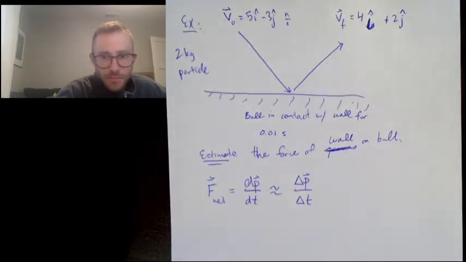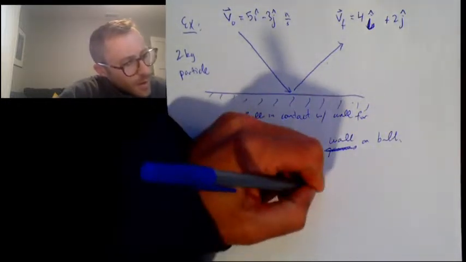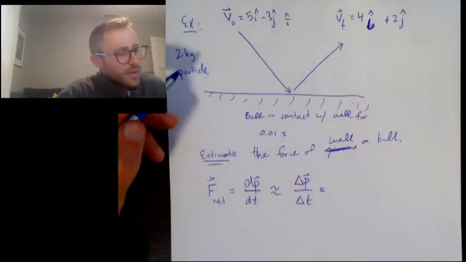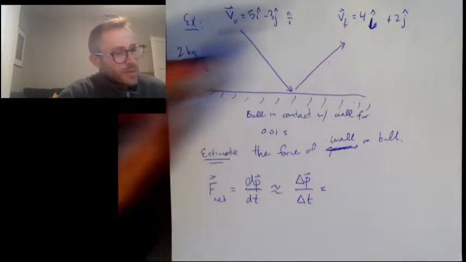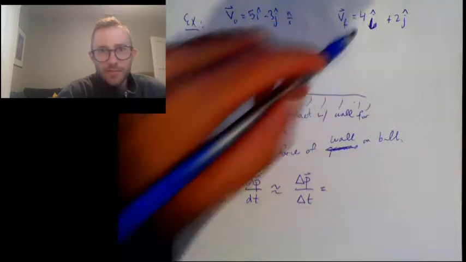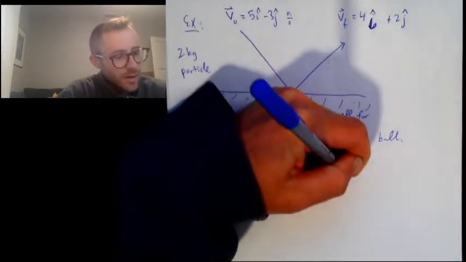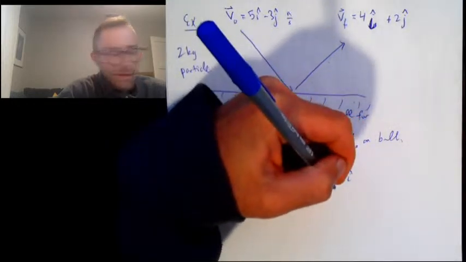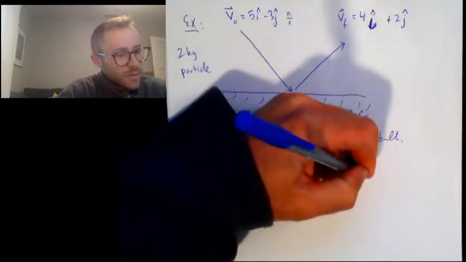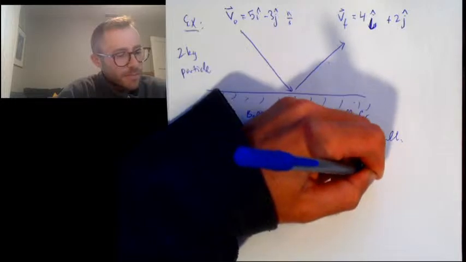Okay. So the final momentum is going to be m times v. So that's going to be 2 times this, which would be 8i hat plus 4j hat.